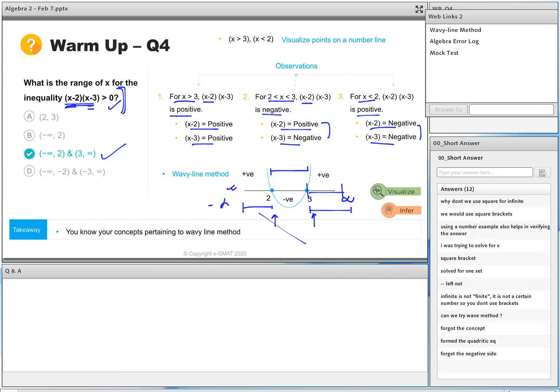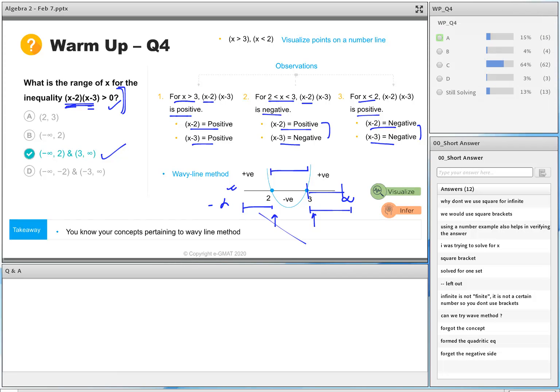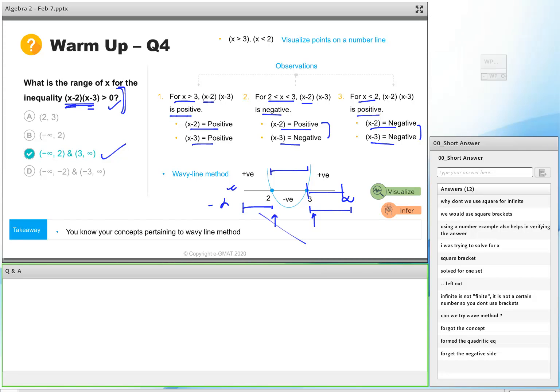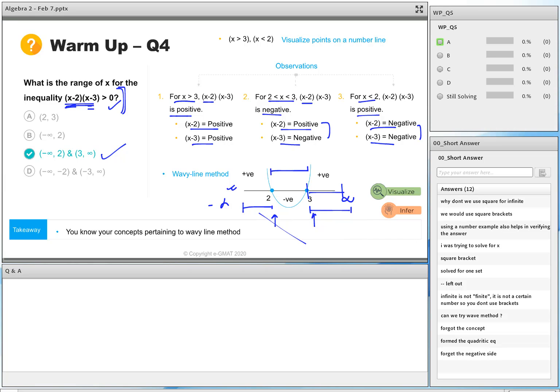All right, so with that, let me hide this poll over here. We'll move ahead with question number 5. Let me bring you the poll for question number 5. The poll for question number 5 is up. Can you please mark us still solving, and then let's move ahead to the 5th question.